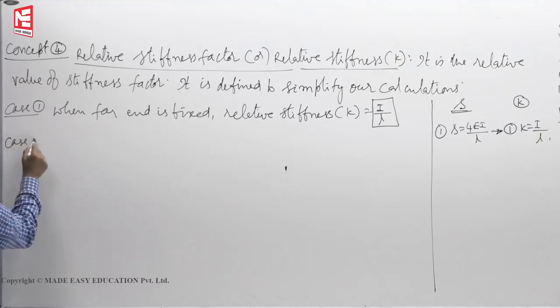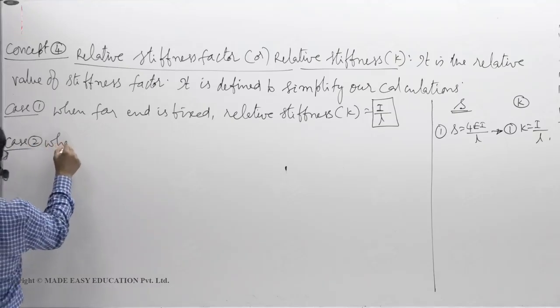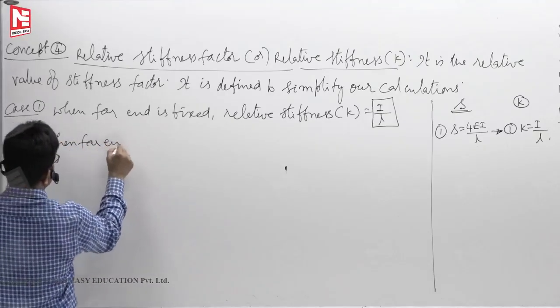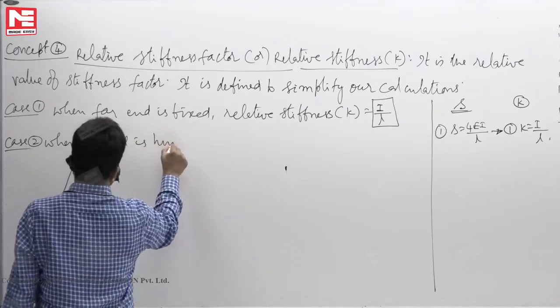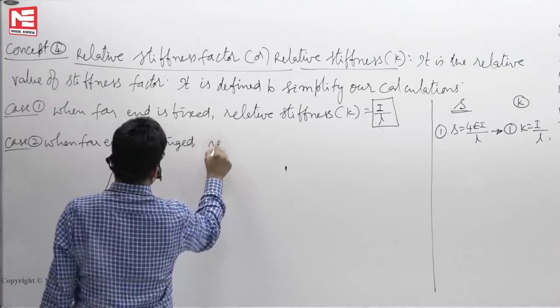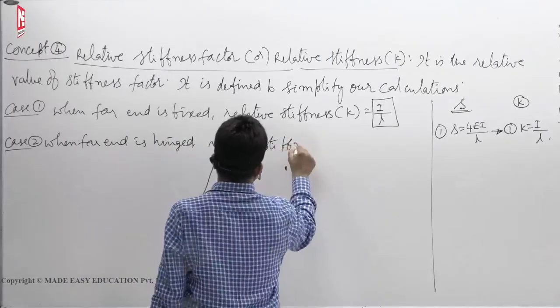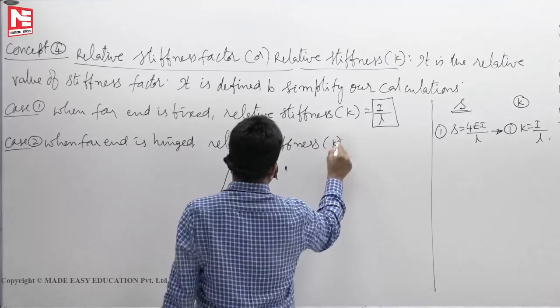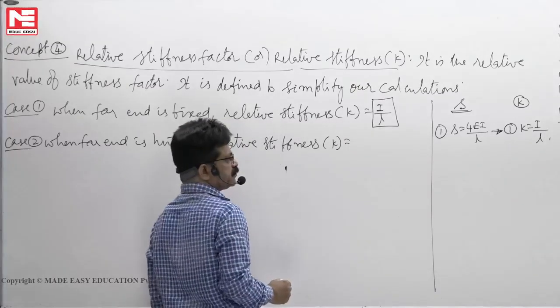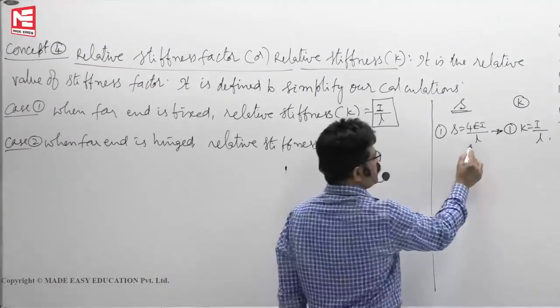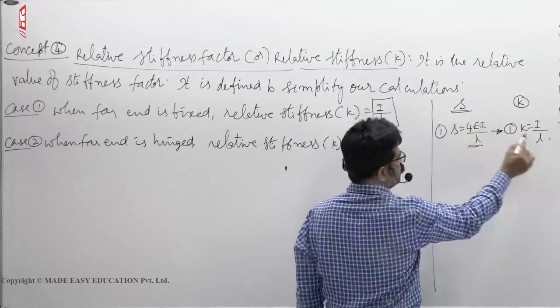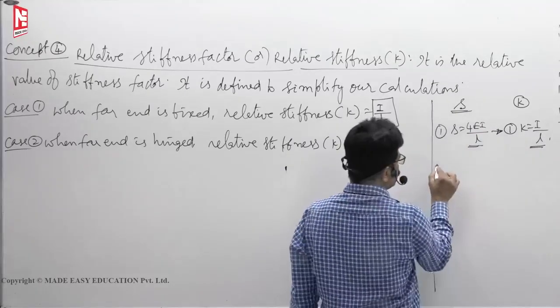Then case 2, when the far end is hinged, relative stiffness K, how much should we write? See here, assume that 4 biscuits is equal to 1 rupee.